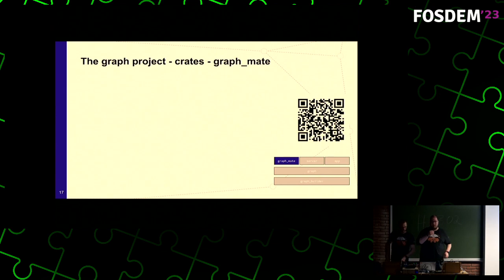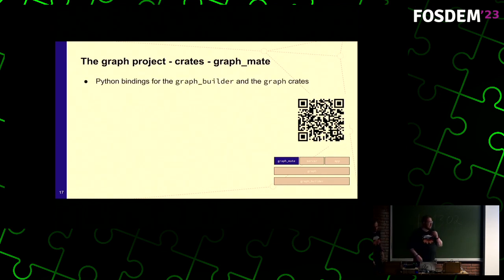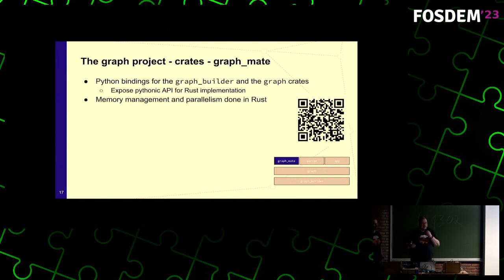Hi, I'm Paul, and I want to talk about Graphmate, which is our Python bindings over this set of crates that Martin just talked about. And we just had a wonderful talk about Python APIs on top of Rust, and this is in the same spirit. So we want to expose a Pythonic API for our Rust implementations, and we don't want to deal with all the shortcomings in Python in terms of proper parallelism and memory management.